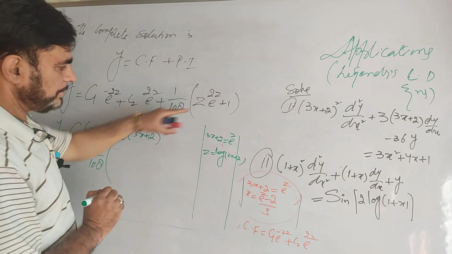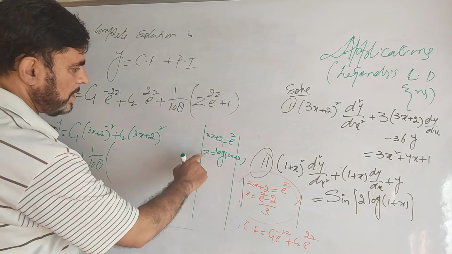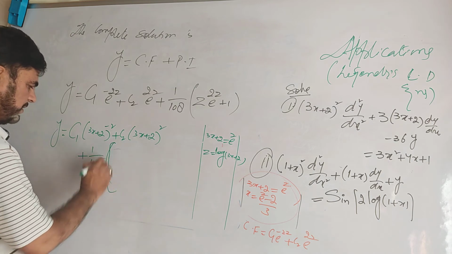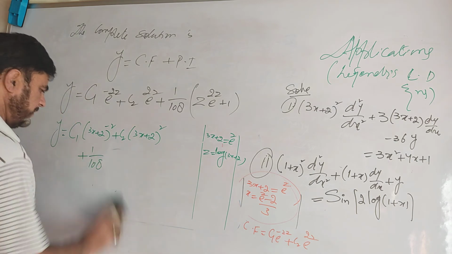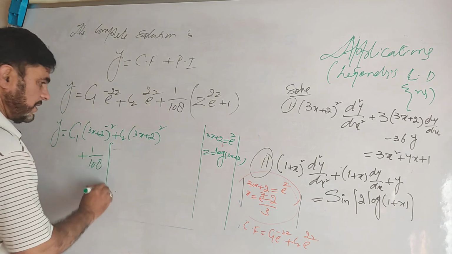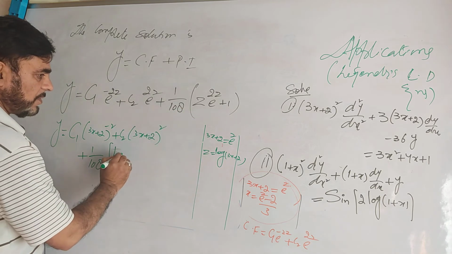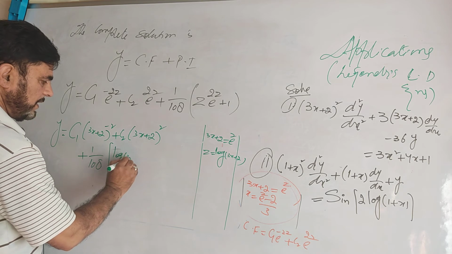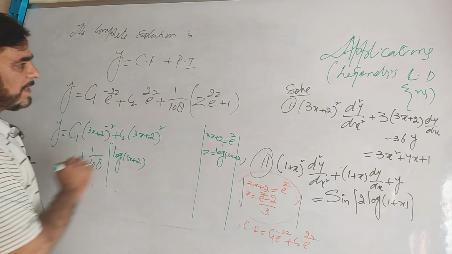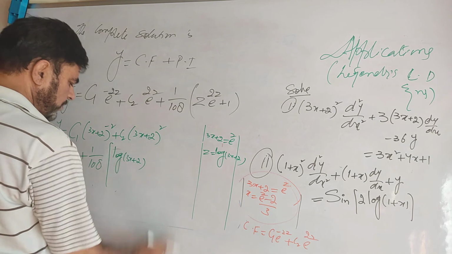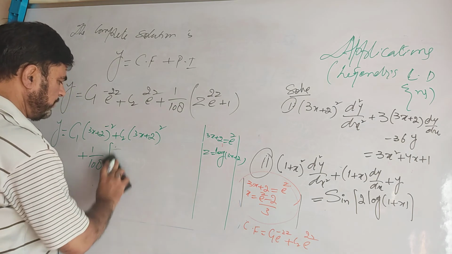What is your z? Your z is log of 3x plus 2. Then e raised power 2z. What is e raised power 2z? You can write this first so that you may not get confused.